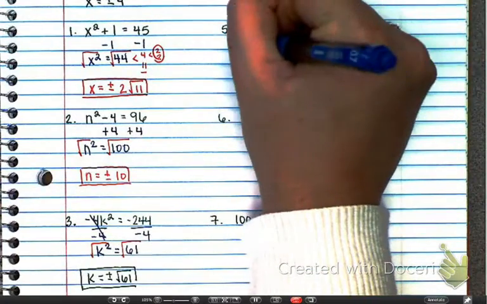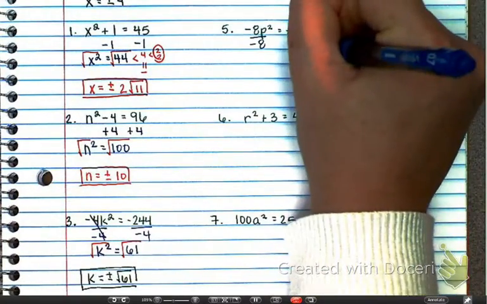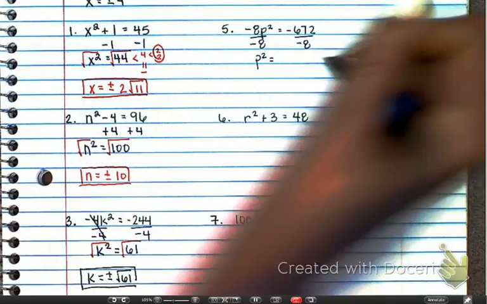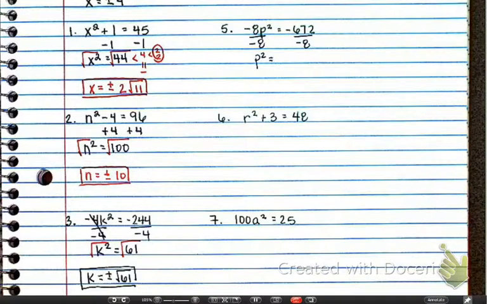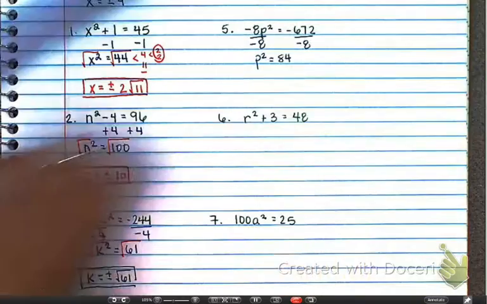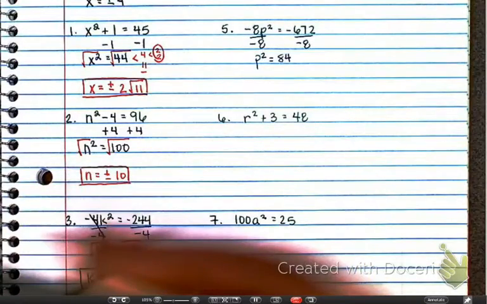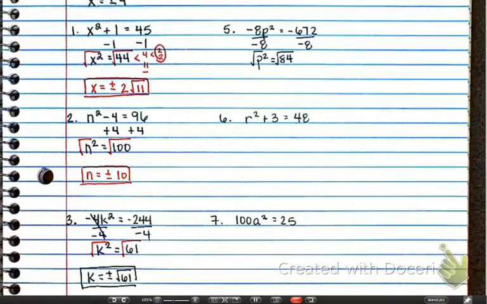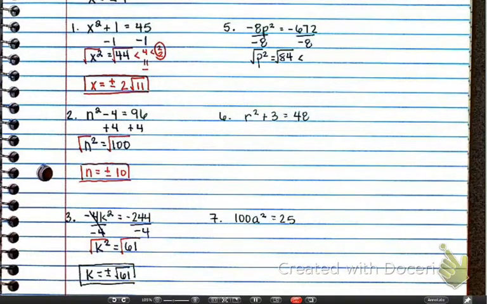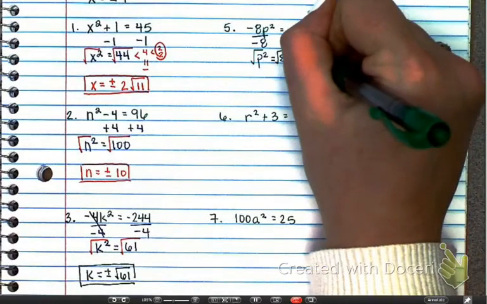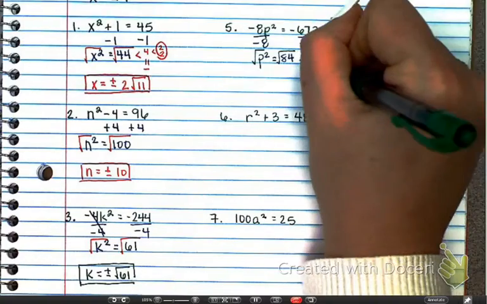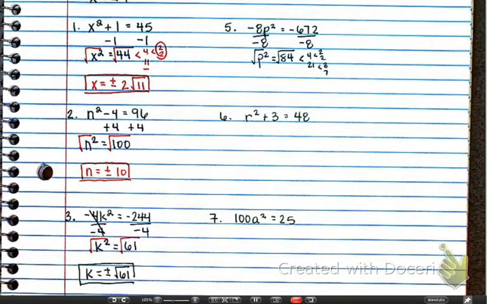But for number 5, we're going to start by dividing by -8. And we get p squared equals 84. From there, we're going to take the square root of both sides. I know 84 is not a perfect square, so I have to figure out what divides into it. 4 does, so 4 and 21. 4 breaks down to 2 and 2. 21 breaks down to 3 and 7.